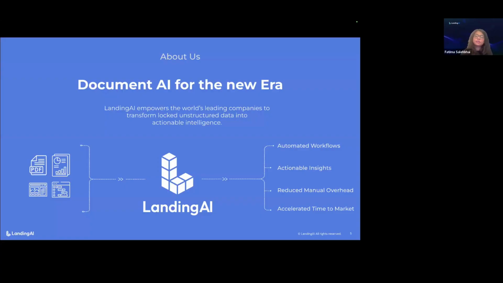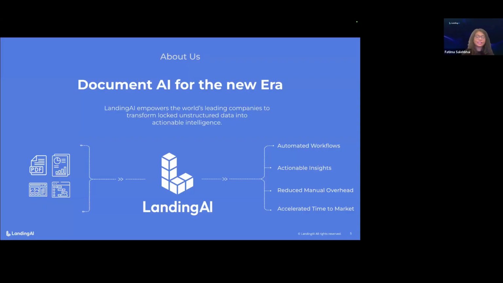So Landing's goal with document extraction, just giving a brief overview of what we are trying to do, is to take any kind of format of data or document, including PDFs, images, spreadsheets, Word documents, or presentations, and then convert it into more structured formats which you can use at different points.